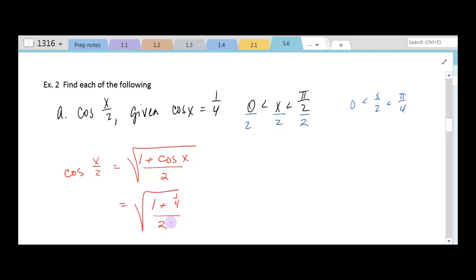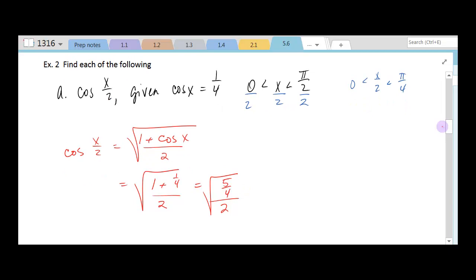And we're just going to simplify this portion of my expression here. So 1 plus 1/4 is 5/4 divided by 2 under the square root. If I have 5/4 divided by 2, that's the same thing as 5/4 times the reciprocal, which is 1/2. 5/4 times 1/2 is 5/8, and each of these has the square root applied to it.